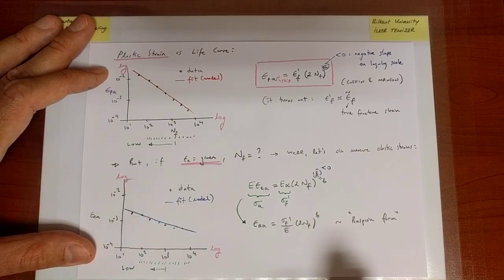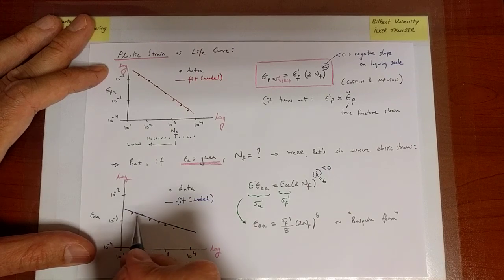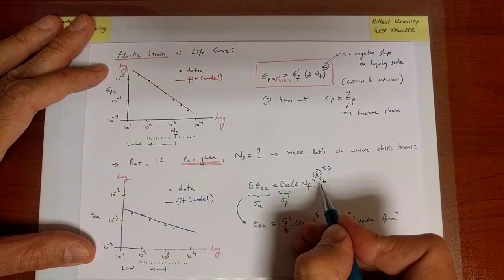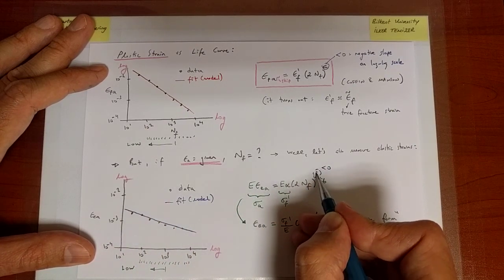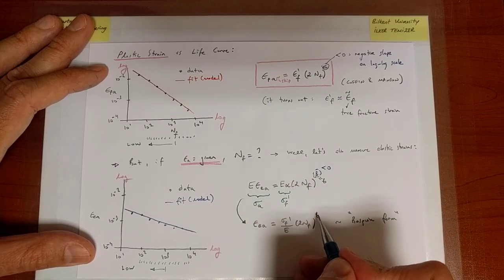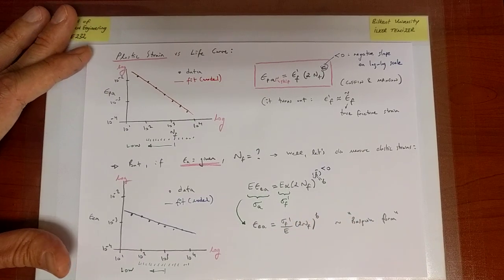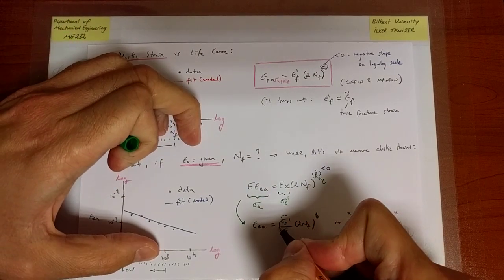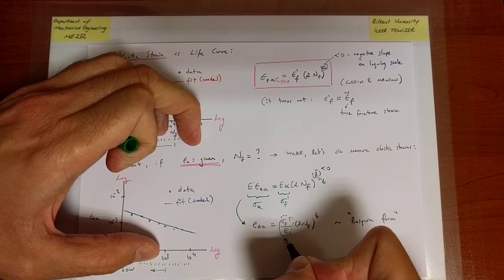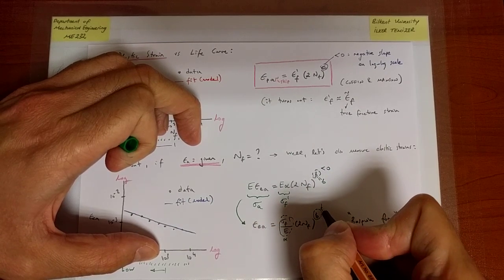Now, having said this, again I highlight the data that comes into this fit, into the determination of alpha and beta, or instead of beta we wrote b, and instead of alpha we wrote sigma f prime over E. So this is alpha and this is beta really.